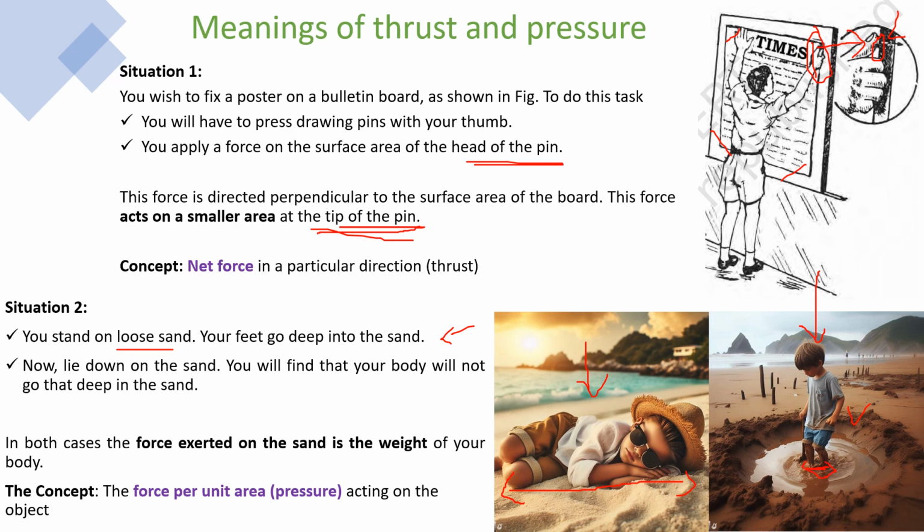But in both scenarios the force is your weight and it is equal. So the force per unit area acting on the object, that's what we learned. Here we learned about net force, and compared net force with the force spread across an area, or force per unit area, as a concept.